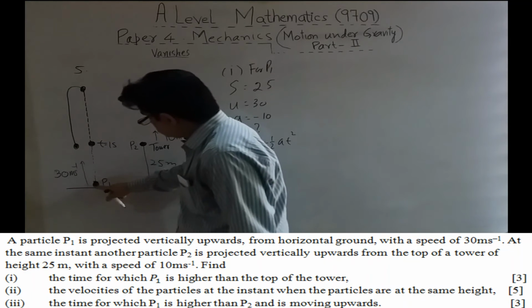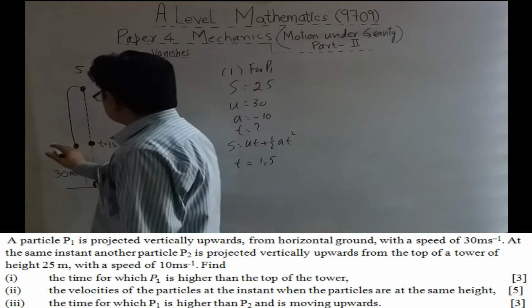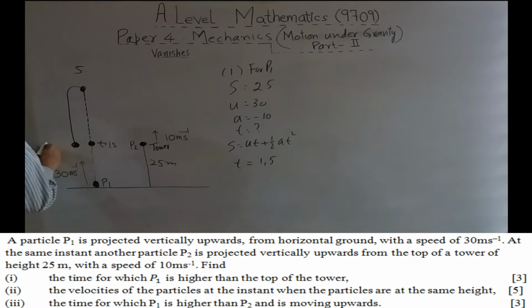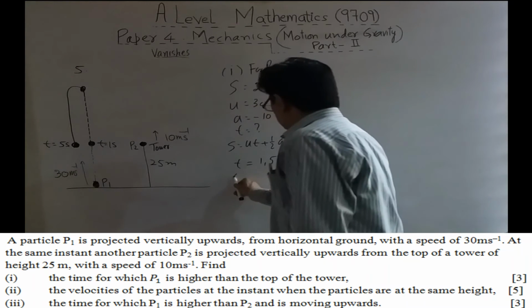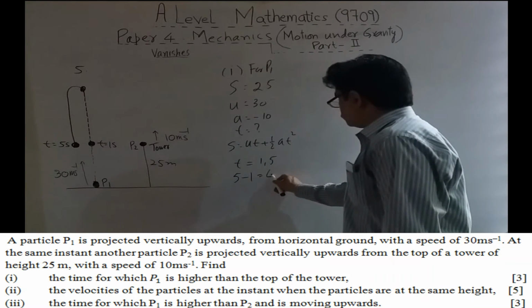The time from this to reach the highest point and coming back to the same level will be t is equal to 5 seconds. So if we subtract 1 from 5, we will get 4 seconds.